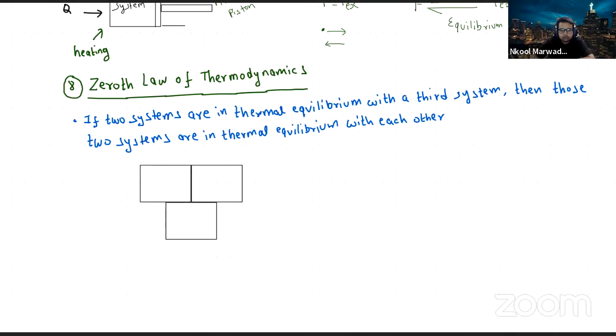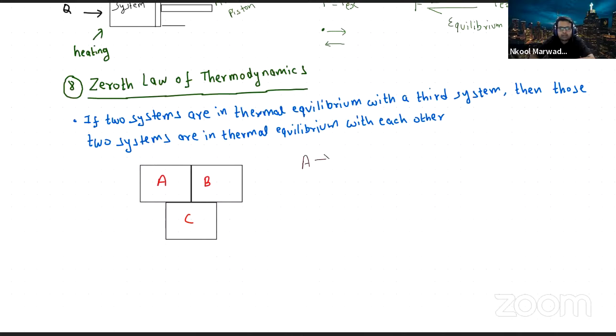So I have A, B. Now I am saying that two systems are in thermal equilibrium with each other. So I am saying that A and C are in thermal equilibrium.